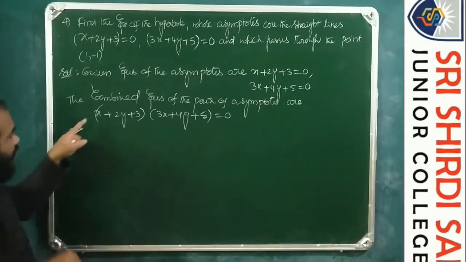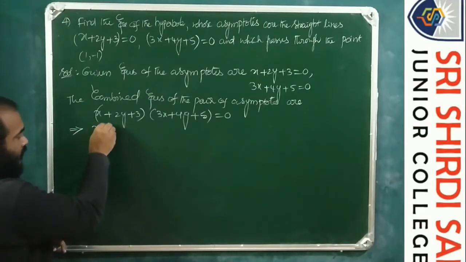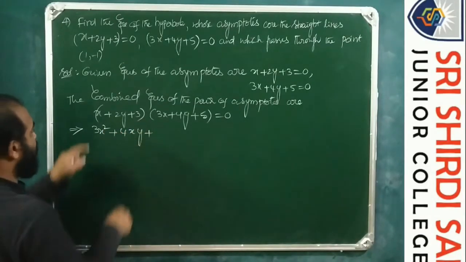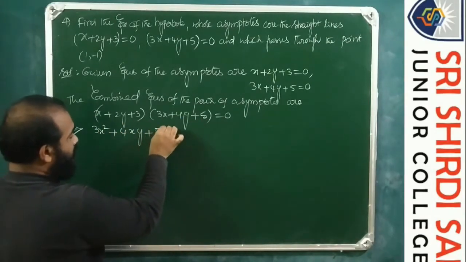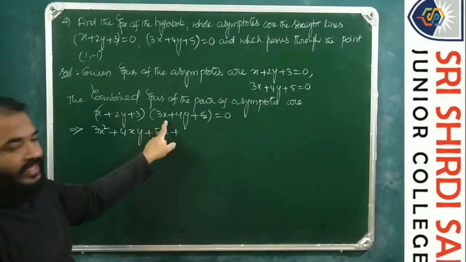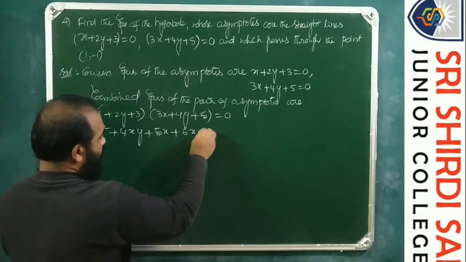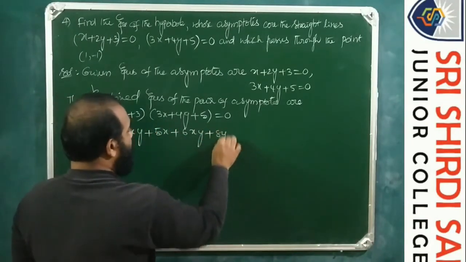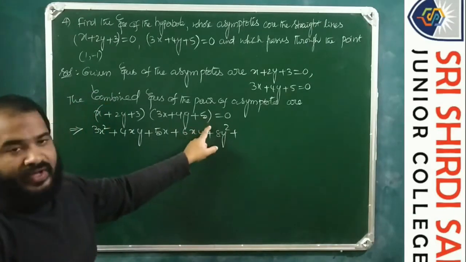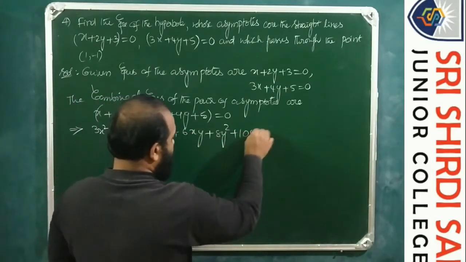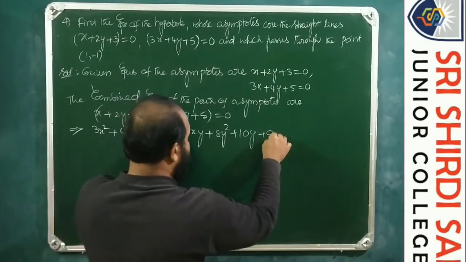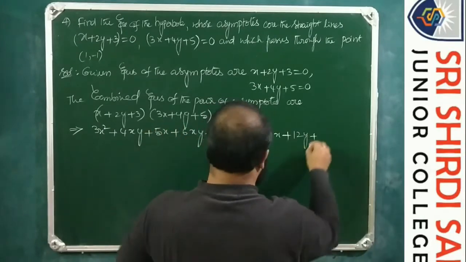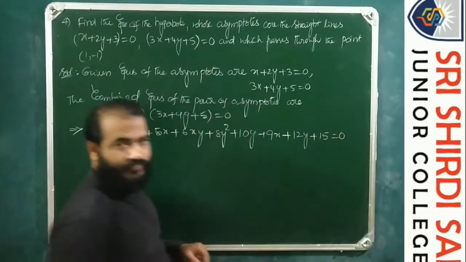So this implies x into 3x is 3x square, x into 4y is 4xy, x into 5 is 5x, plus 2y into 3x is 6xy, 2y into 4y is 8y square, 2y into 5 is 10y, plus 3 times x is 3x... 3 3s are 9x, 3 4s are 12y, 3 5s are 15, equals 0.